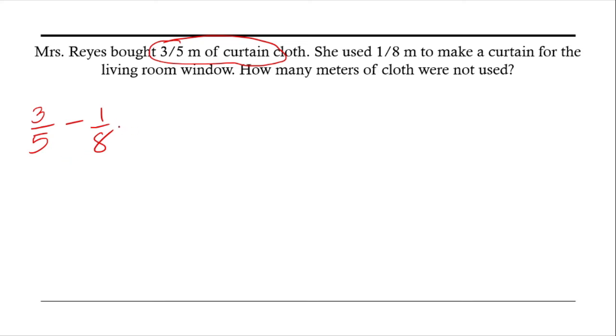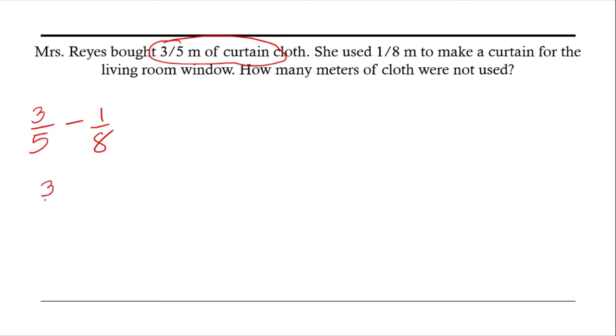So kailangan makuha muna yung least common denominator. Ang least common multiple nila is 40, kasi 5 times 8 is 40.